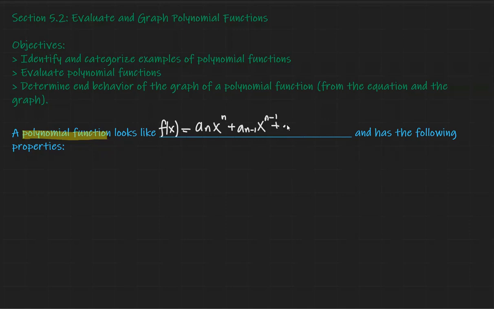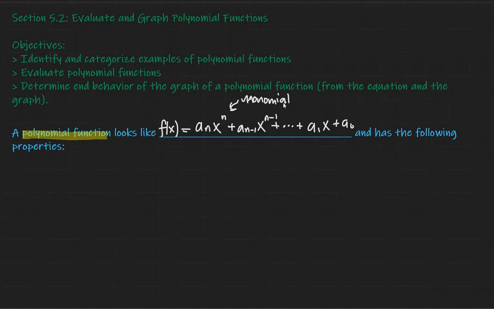And that keeps going until we end up with a sub 1 x plus a sub 0. So it's a string of all these terms. Remember these terms are called monomials, because monomials are single-term things that go into a mathematical expression.